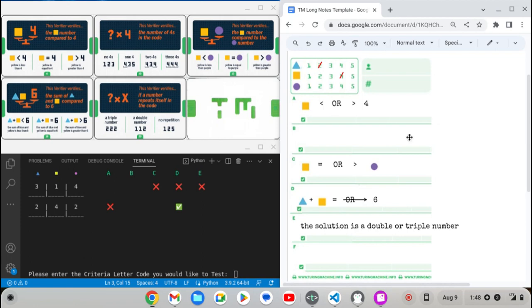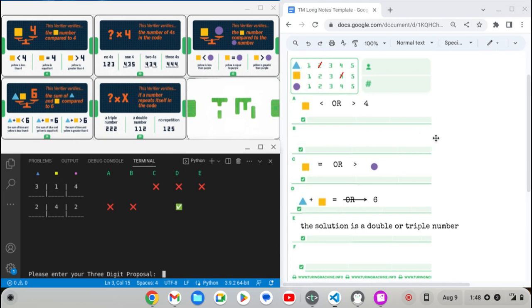Let's go ahead. Let's test criteria card B, see what the count of the number 4s are. Okay, so it does not approve of a single 4. Okay, so again, obviously we can't have 3 4s. We could have 2 4s. So either there are no 4s or 2 4s.